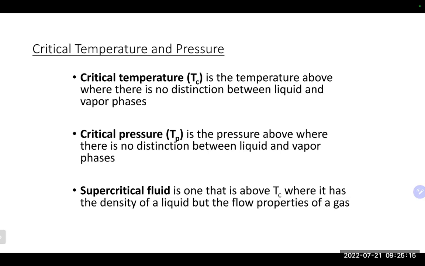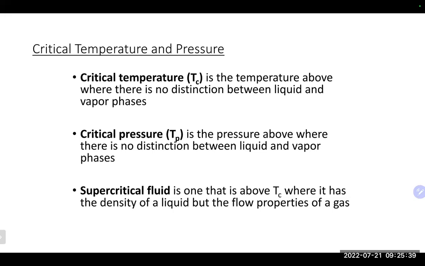A couple other important points on a phase diagram, which we'll take a look at in just a second. There's what is referred to as the critical temperature. And at the critical temperature, that is the point where there's really no distinction between the liquid phase and the gas phase. It's sort of where that substance flows together, and it has properties that are liquid but kind of flows like a gas at that point.